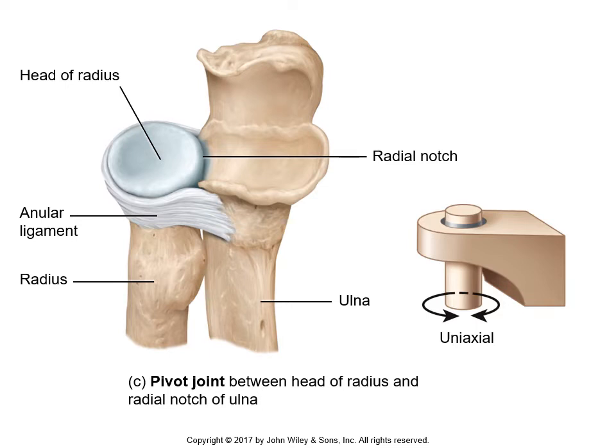The reason the radius can rotate or pivot in place is because the proximal radioulnar joint is something called a pivot joint.